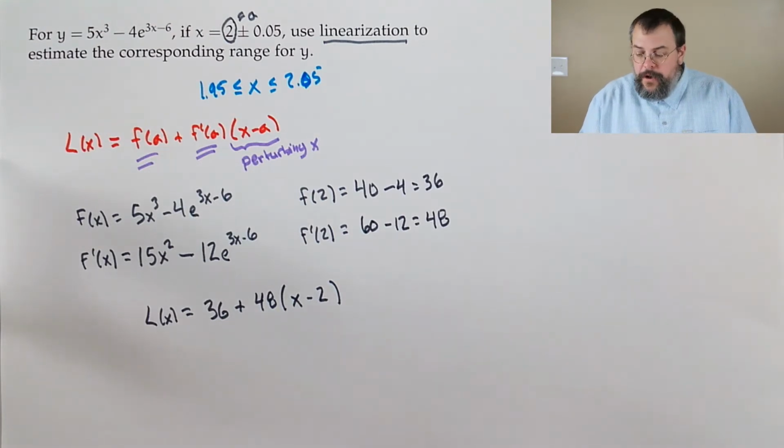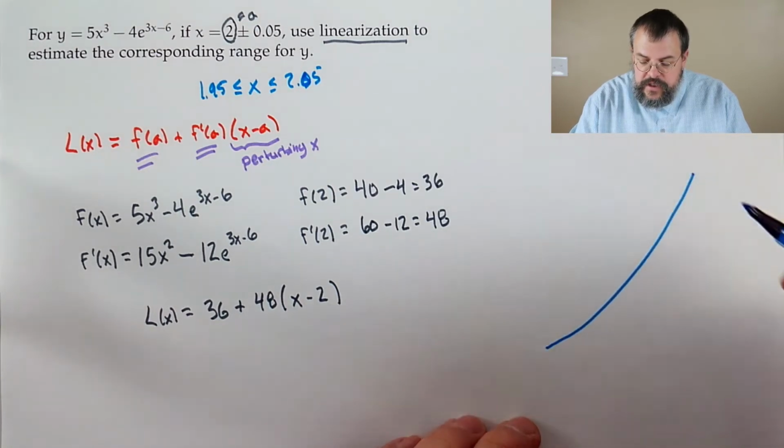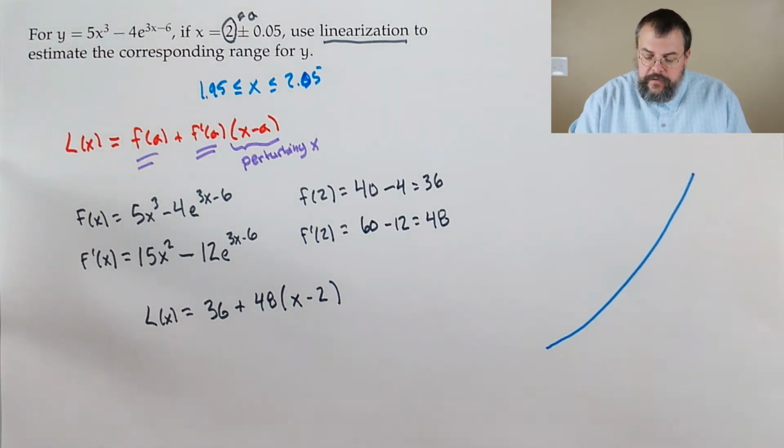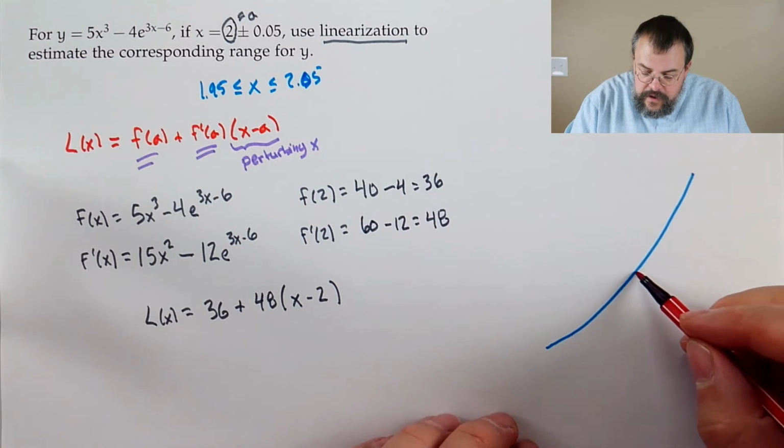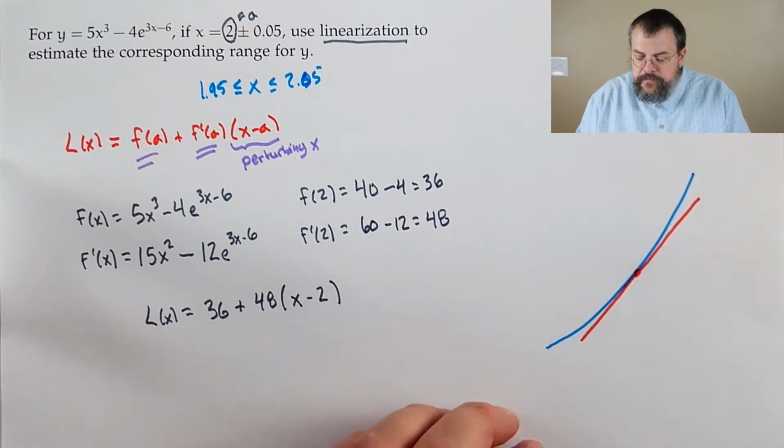How does that work? Well, think about sort of the picture. So let's just sketch a picture of what's happening here. So you have a function. Here's our function. And we have our linearization, our tangent line. So here's our linearization.